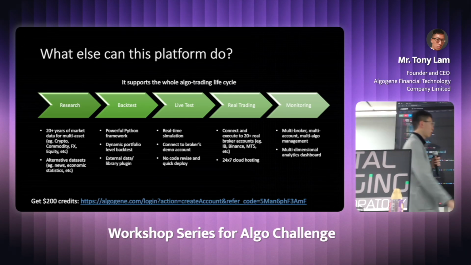So, for example, you can ask the AI to brainstorm some trading ideas. For example, I have learned a strategy from somewhere else, but I don't really understand the concept. So I can ask the AI to explain in more detail. Or I can even ask it to draft the trading strategy.